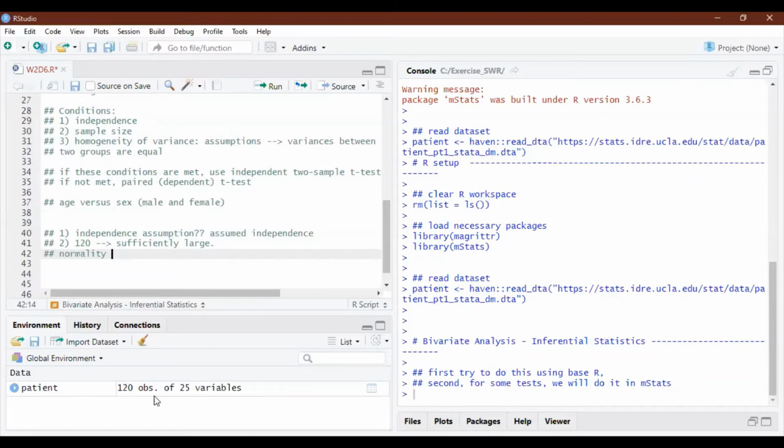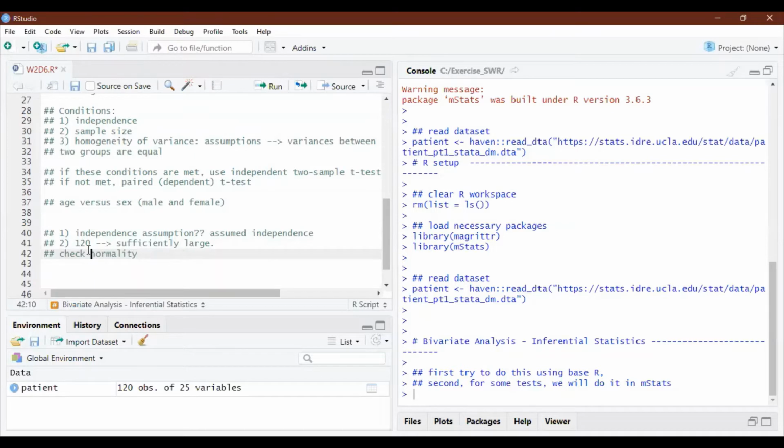For the independence assumption and the sample size assumption, we also need normality, whether the distribution is normal or not. Based on this, we determine if our sample size is sufficient or not.